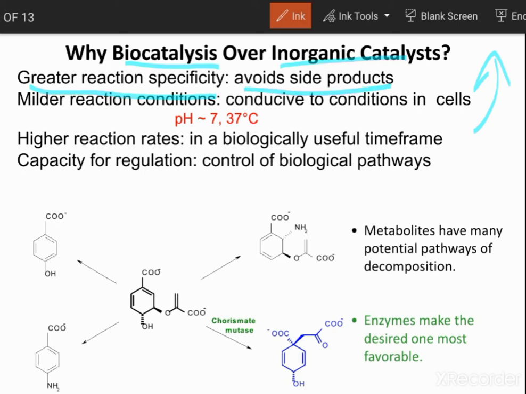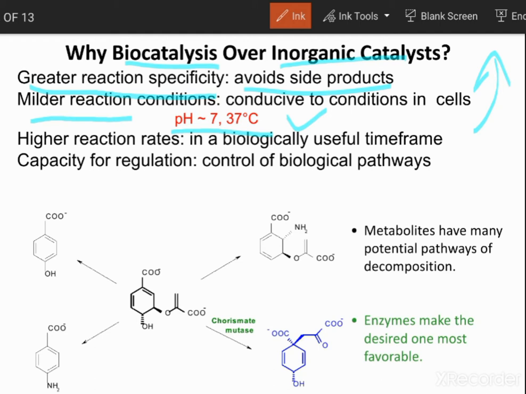Most enzymatic reactions occur at pH 7 and 37 degrees centigrade, which is a very normal temperature, a very mild condition. They don't require a higher temperature or some special kind of conditions.